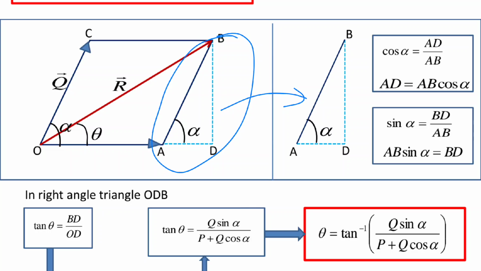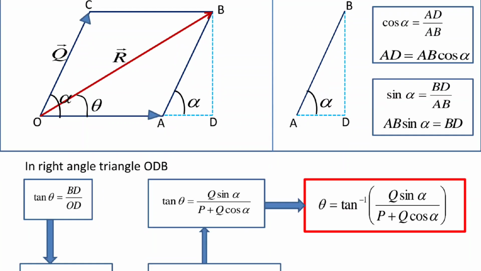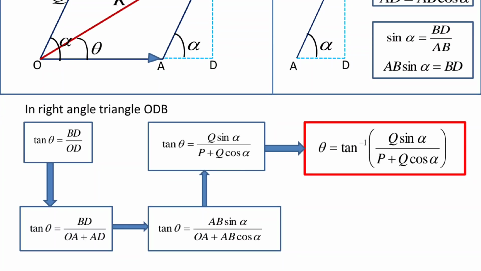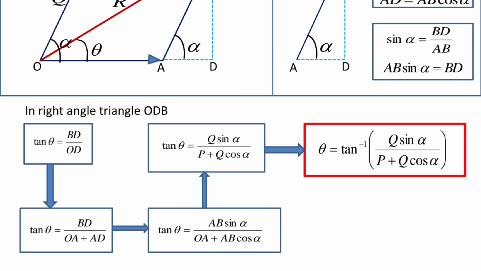Therefore, AB sin alpha is equal to BD. Putting the value of AD and BD, the equation becomes tan theta is equal to AB sin alpha upon OA plus AB cos alpha.